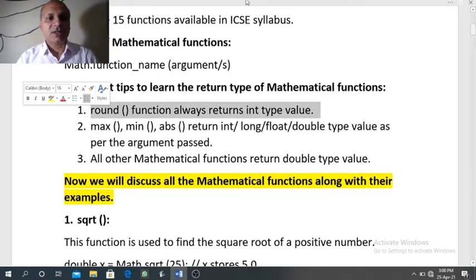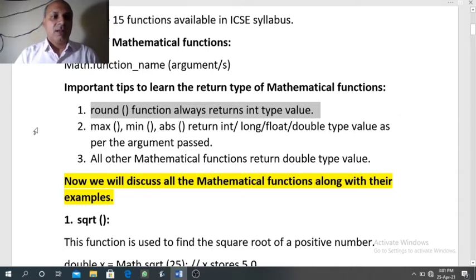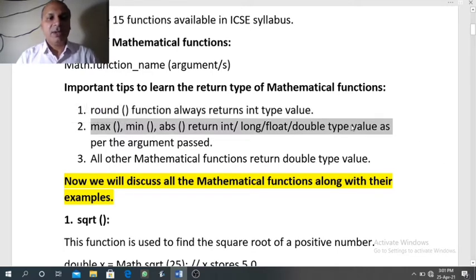Round is the only function in Java which returns an integer type value. Max, min and abs: these 3 functions return the value depending on the argument.